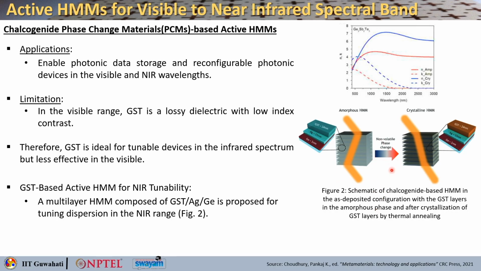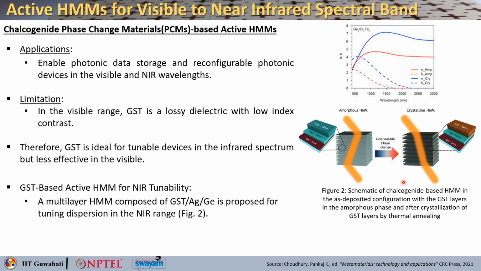However, if you do thermal annealing, that will give you non-volatile phase change of this material. So, your GST will go into the crystalline phase. In that case, it will basically support a regular kind of refraction. So, it is basically tuning from hyperbolic dispersion to an elliptical dispersion in the near infrared regime.